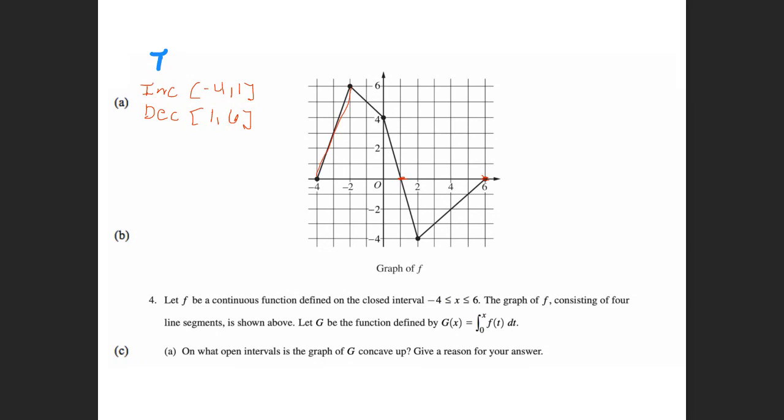Between -4 and -2, it would be concave up. Between 2 and 6, it would be concave up. So anytime they ask where it is increasing or decreasing, that's an easy question. If they ask where it is concave up or concave down, that should also be an easy question.